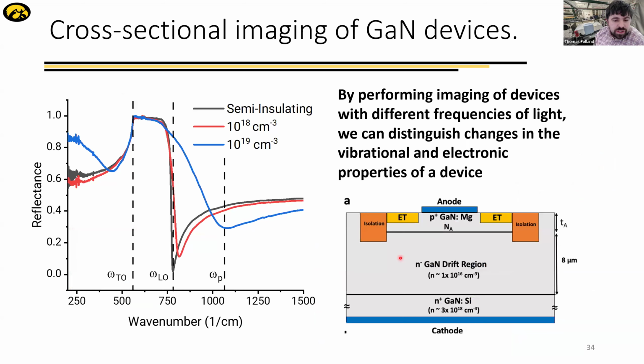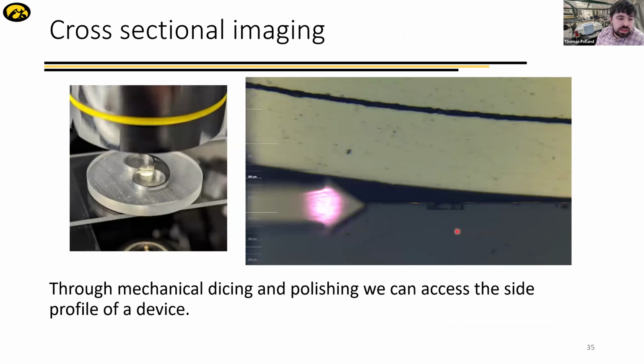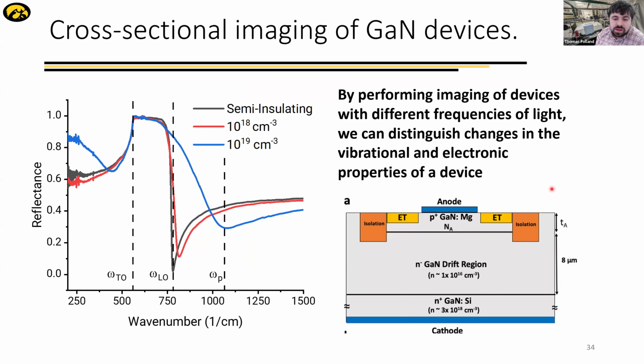One thing that we can do in gallium nitride is we have both a Reststrahlen band, so we can see information about the lattice in SNOM, but also, in devices, you have areas with different carrier density, so you can also have information about the carrier density, which is present in the infrared. So what we've actually been able to do is take typical gallium nitride pin diodes with a P-I-N structure.